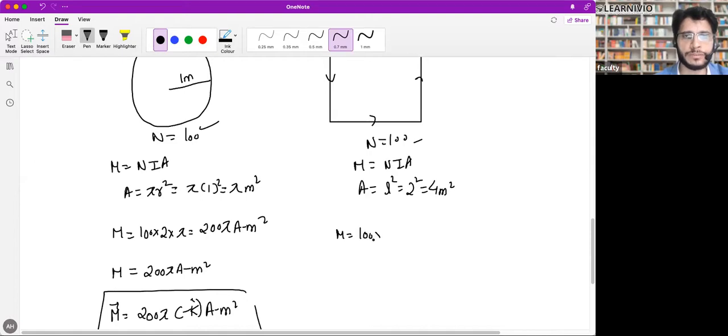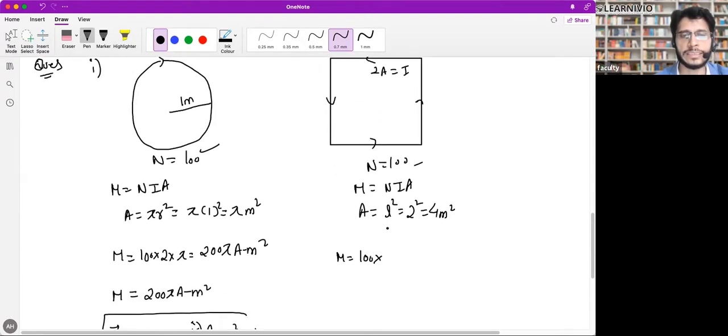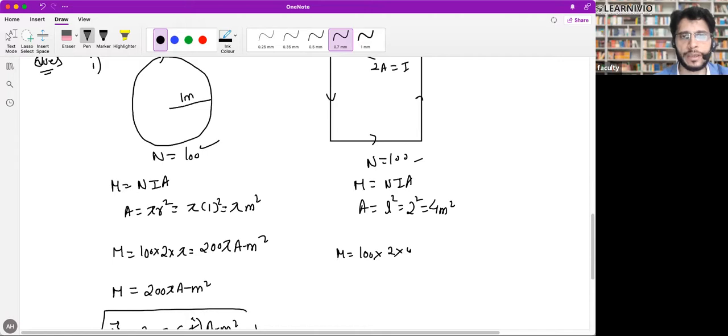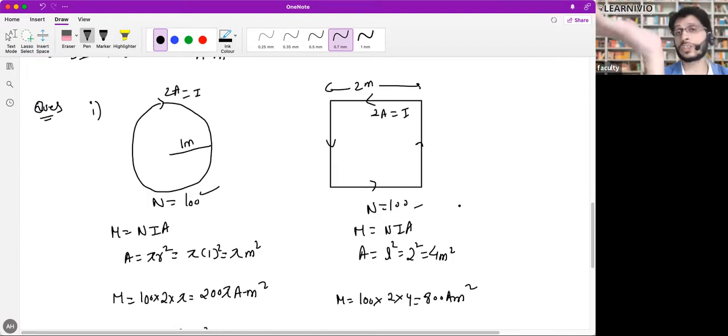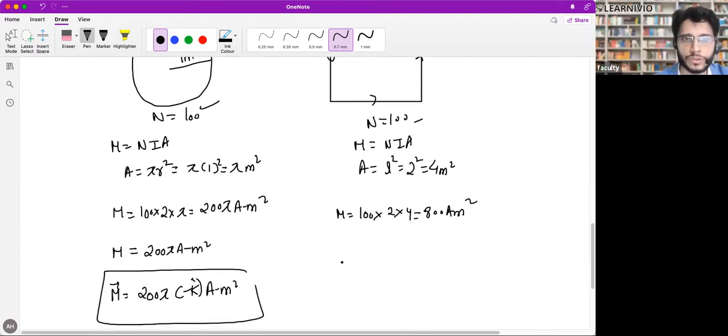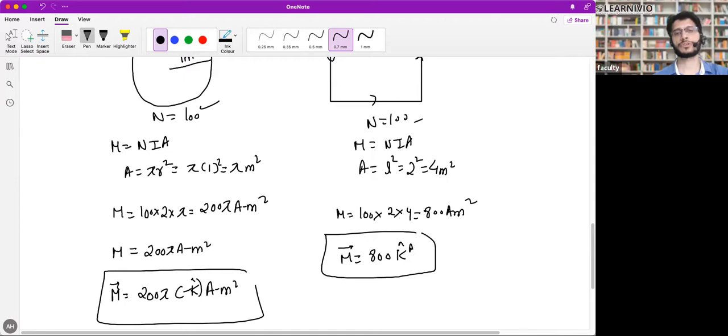N is 100, I is 2 ampere, area is 4. So it's 800 ampere meter square. If you need direction, take your right hand and curl it in the anti-clockwise sense. The thumb is going outwards. So your M will be 800, and outwards means k cap, ampere meter square.